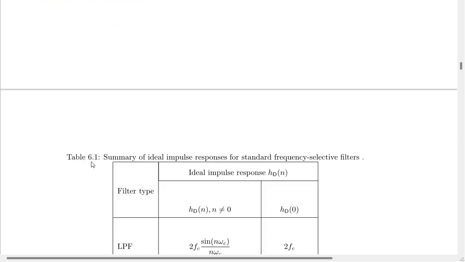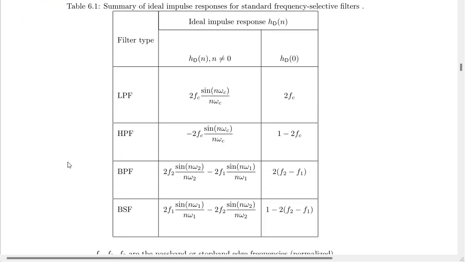Now, what about the table? Here you see the table. Summary of ideal impulse responses for standard frequency selective filters. Okay. Filter type. Low pass filter. Okay. Here you see what has happened. H desired of 0 to FC. And similar discussion for high pass. Okay. I will leave it for you to have a deep look.